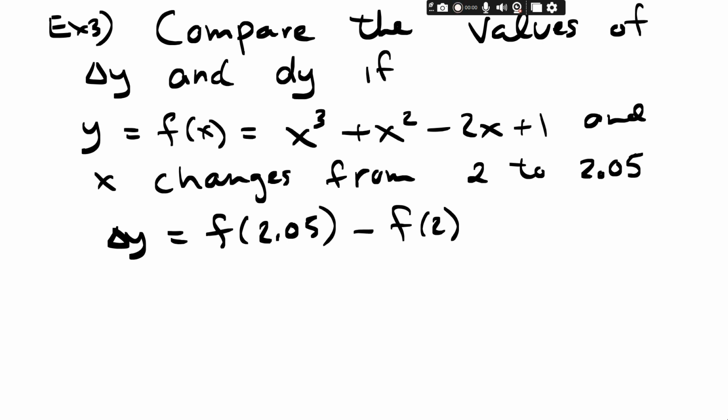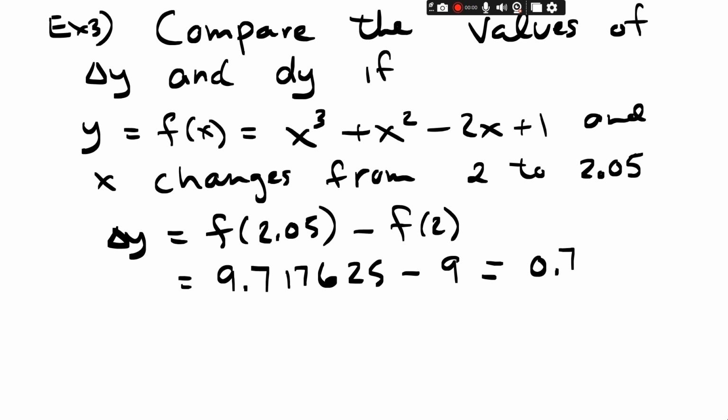Joe got it. Okay, 9.717, and I put a whole bunch more in there just to make sure. How about just the 2? 9. So it looks like we went up how much? 0.717-ish, 0.718. I just put in the extra values just to see it.